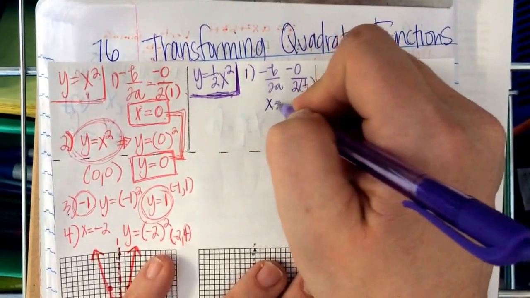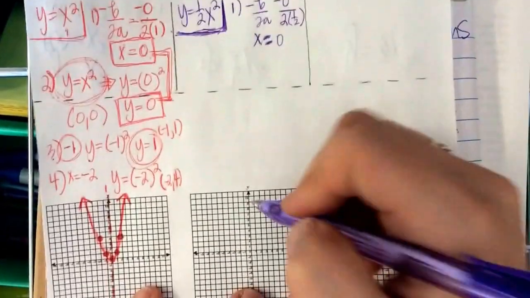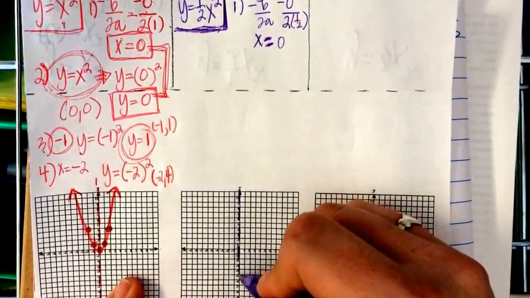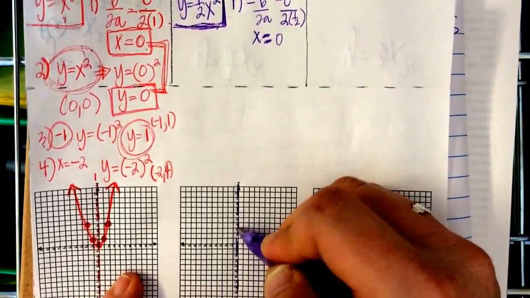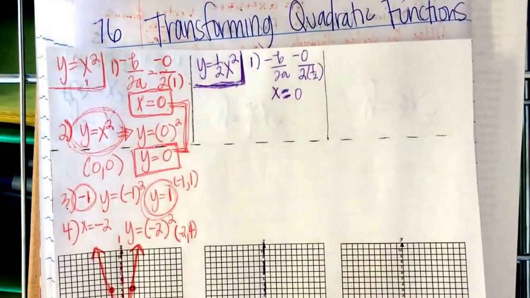So what's my axis? 0. All right, so that didn't change. That's the same. My axis of symmetry is the same. That 1/2 does not affect the axis of symmetry.